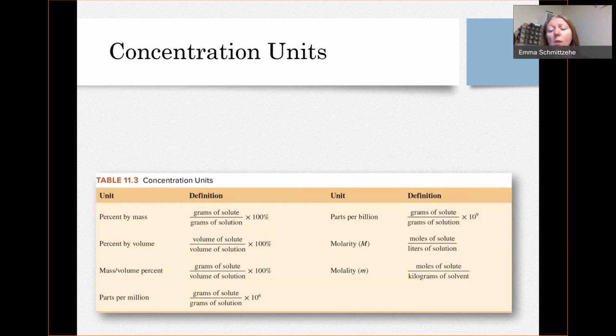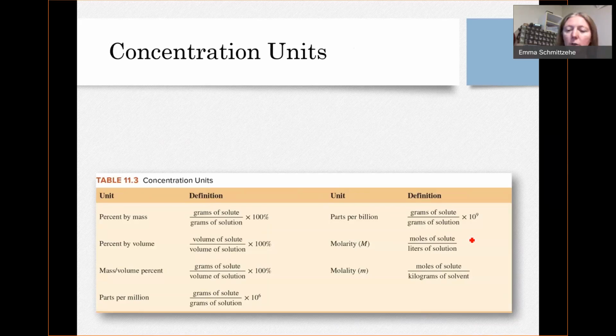Okay, and then the other common ones that we use are molarity and molality. Molarity is by far the most common that we would use. With that, you can see they give you the unit. When you take the moles of solute and divide by liters of solution, you're taking moles over liters.